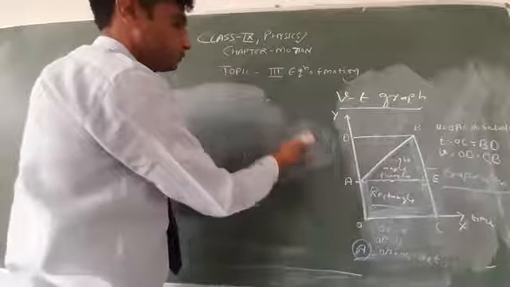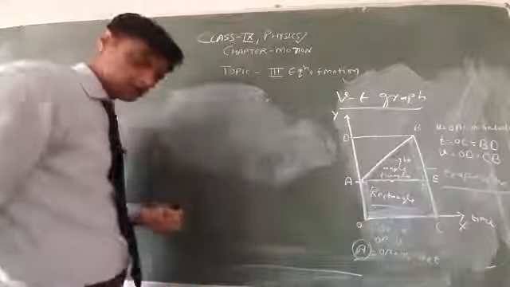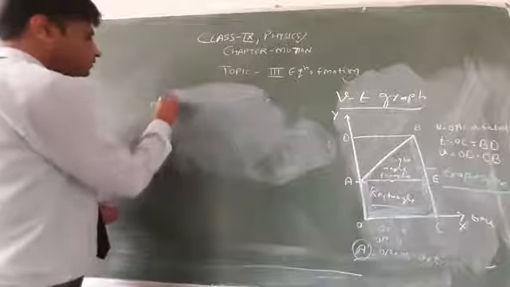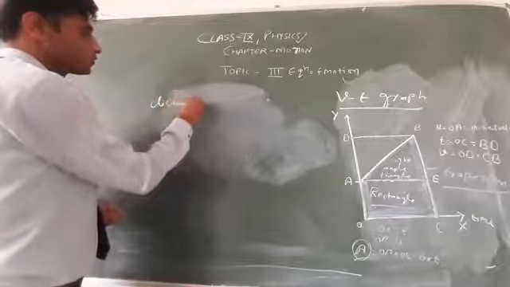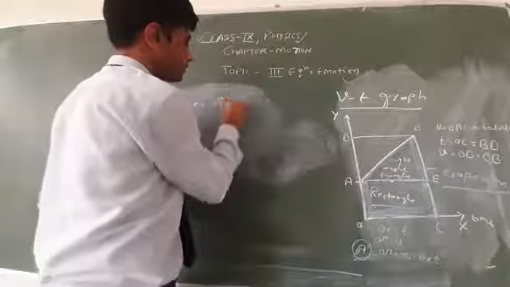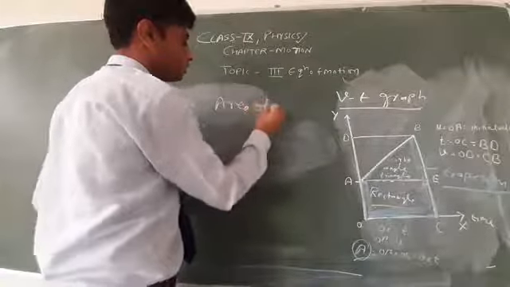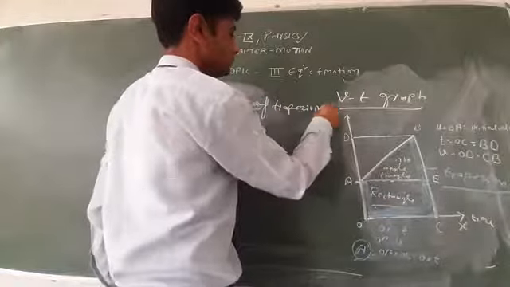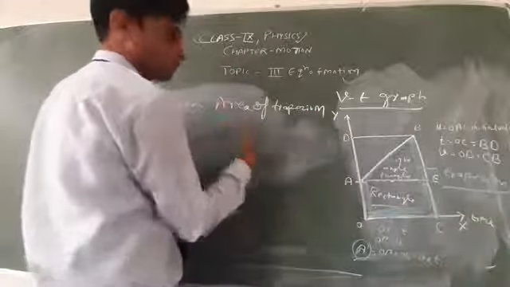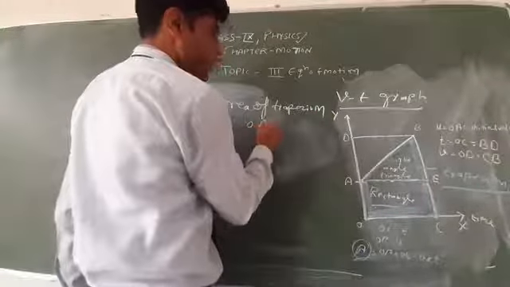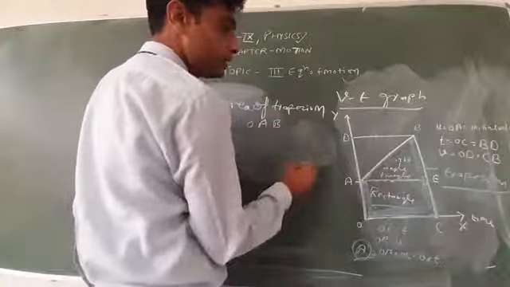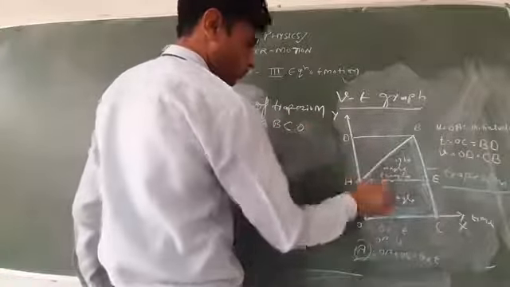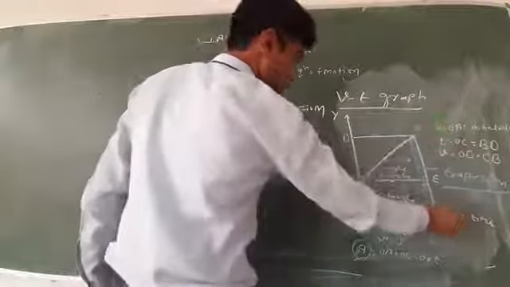Now we have to prove the third equation of motion. So distance is equal to the area of trapezium OABC.